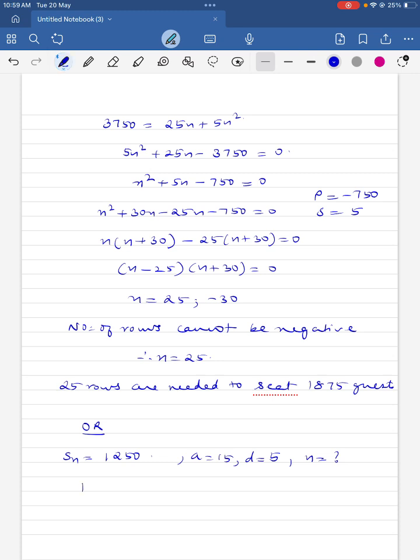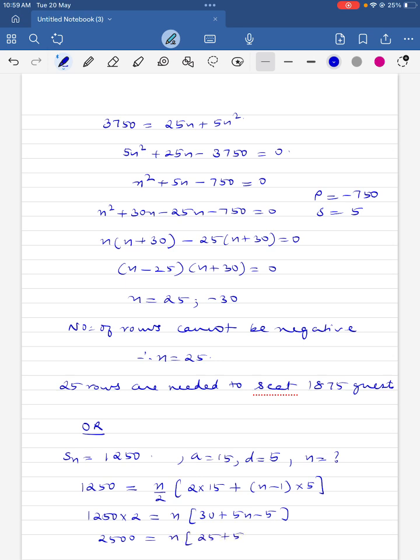So that will be 1250 is equal to n by 2 into 2 times A plus n minus 1 times D. So that is 1250 times 2 is equal to n times 30 plus 5n minus 5. Now that's 2500 equal to n times 25 plus 5n.